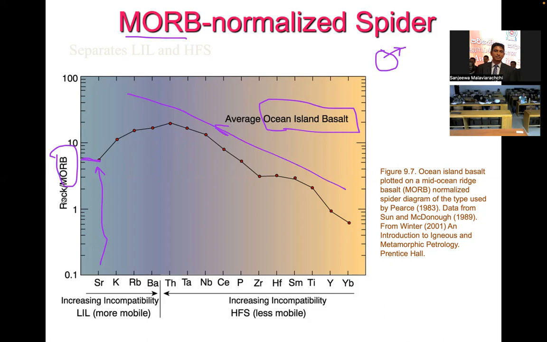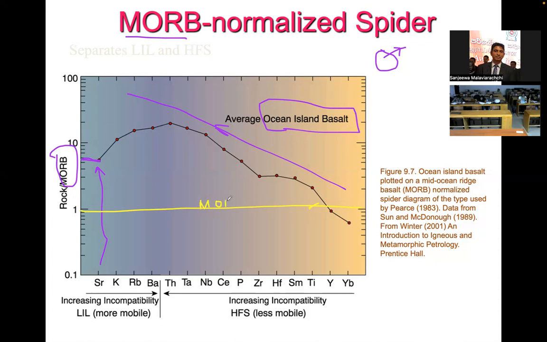Mid-ocean ridge basalt composition divided by mid-ocean ridge basalt composition, right? MORB divided by MORB. That means 1. For all the elements, it will be 1, right? Remember we did one example like this last time. Okay, so the MORB composition will be like this. This is MORB.